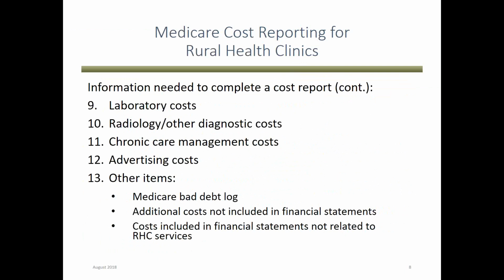Quite frequently, these costs are included in the total expenses of the clinic and must therefore be identified and reclassified on the Medicare cost report. Similarly, services such as radiology and other diagnostic services must be separately identified and removed from the allowable costs on the cost report.